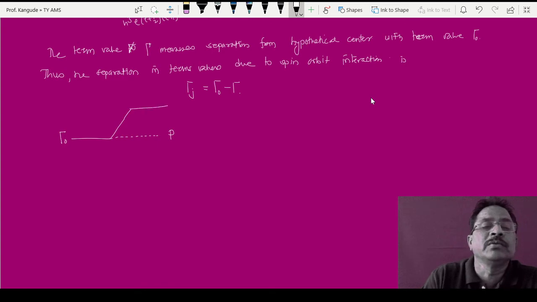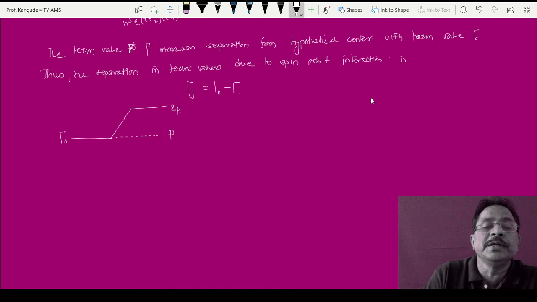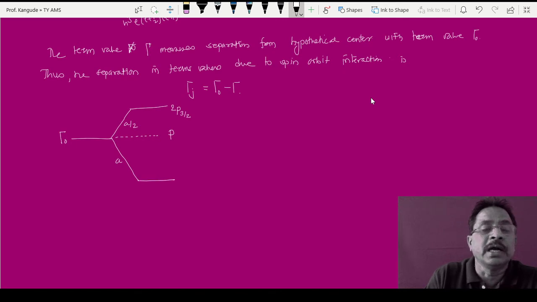One is shown by this, it is doublet P3 by 2. So this is my A by 2 separation, and here it gets separated. Here the separation A is shown to be a little bigger, and this is its state, doublet P1 half. And this separation is given by gamma.